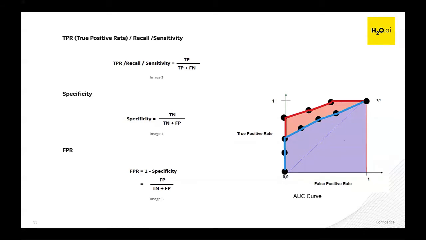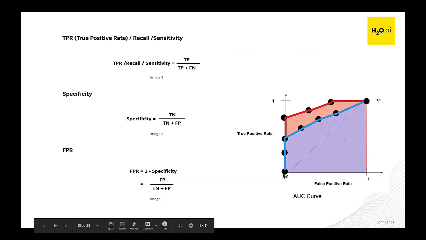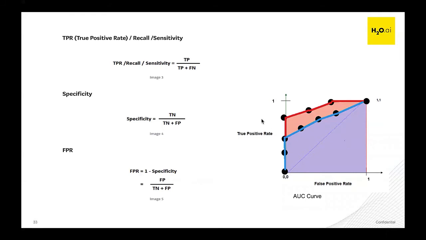So for every threshold, we create a different confusion matrix. But since we can have so many thresholds, creating so many confusion matrices will be actually confusing. And so we plot this curve, and these black dots represent those thresholds.